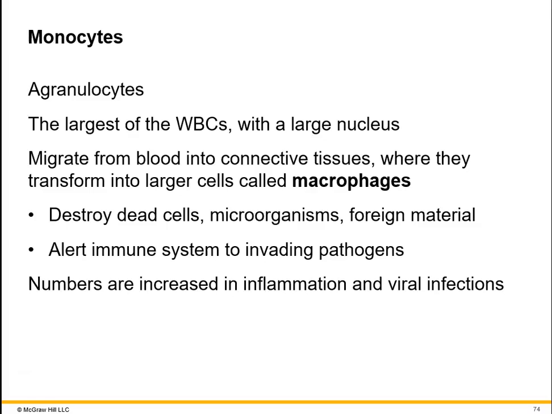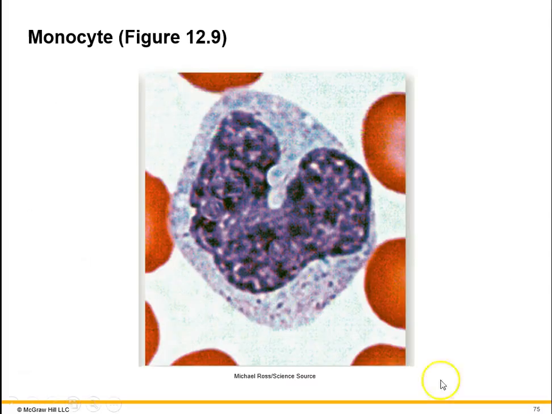Now, the second type of agranulocyte we have are the monocytes. Monocytes are the largest type of white blood cell. They are extremely large. They have a very large nucleus, which is normally going to be a kidney bean or horseshoe-shaped nucleus. And again, these are agranulocytes, so you will not see any granules in the cytoplasm. But when you look at this cell next to a red blood cell, it is massive.